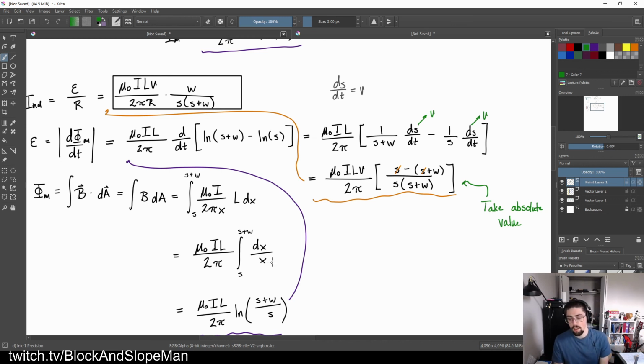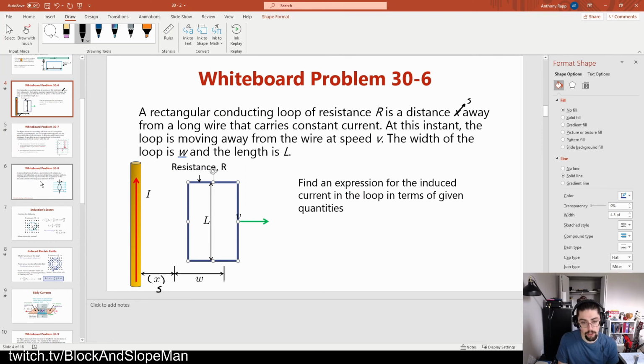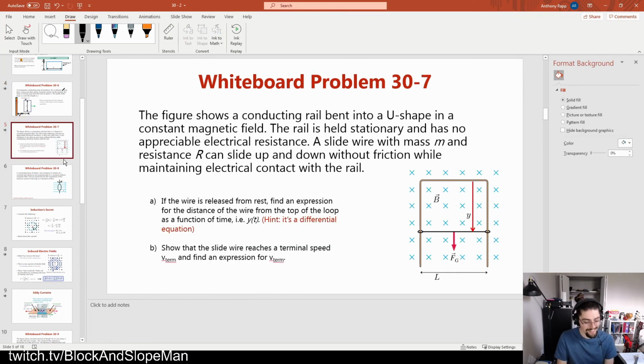Well, for this next one, I know you guys are fried, so I'm going to go ahead and run through this one because it is a little bit strange. It's a little bit unlike a lot of what we've seen before. But let me give you the premise of this thing. We have some big, kind of like a croquet kind of shape here. And I've put this little bar that's allowed to slide back and forth on it. It has some mass, so it's going to fall.